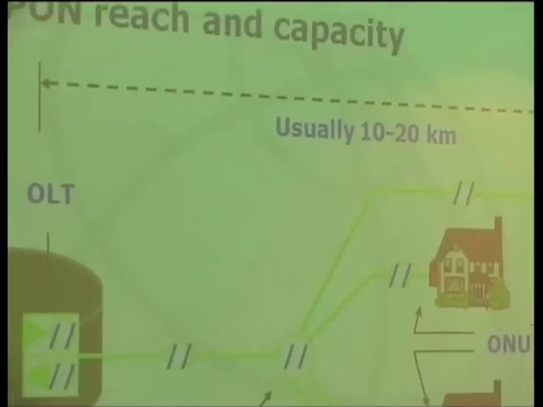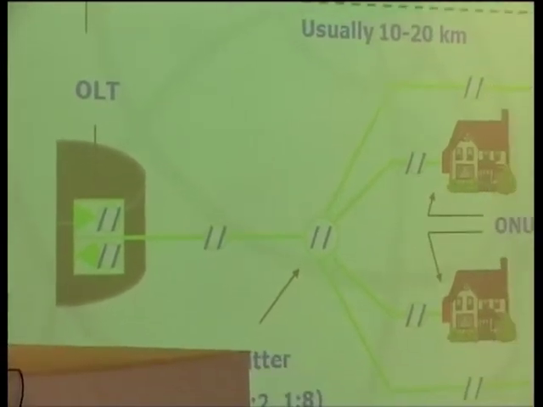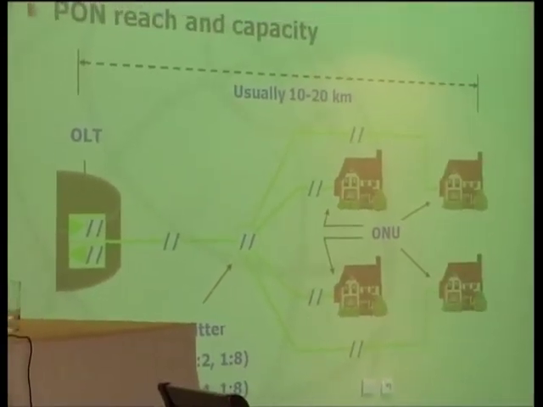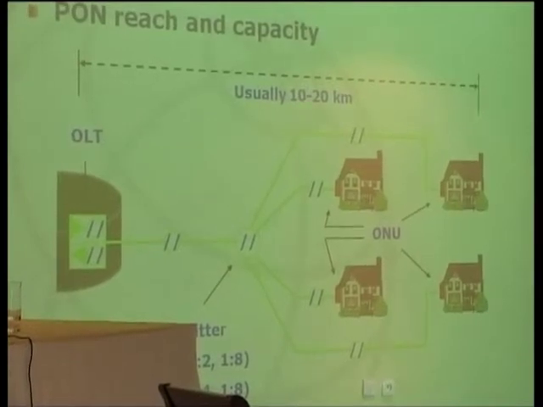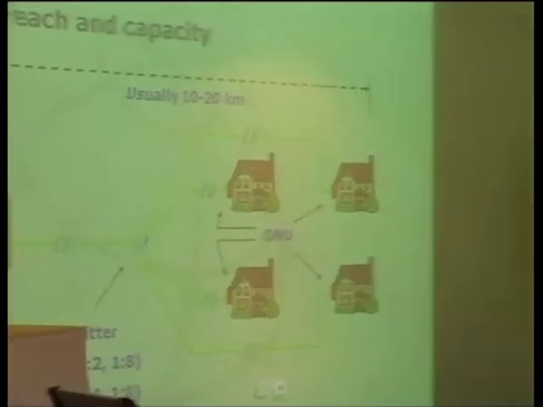This is what we call the physical reach, which means the maximum distance in the plant. Besides the physical reach, we have another parameter, which is the logical reach. The logical reach simply means the maximum distance that the system can cover due to the protocols. Let's say the optical line terminal sends a message to the ONU and waits for a return message.